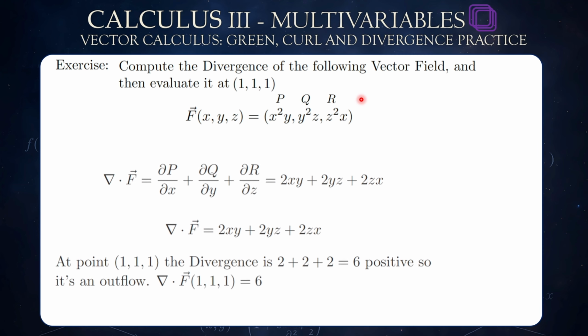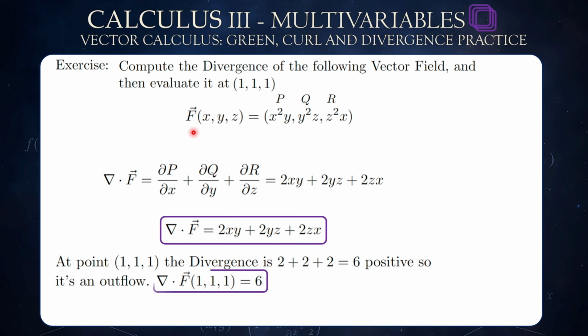So nabla dot F is given by the derivative of P with respect to x plus the derivative of Q with respect to y plus partial R over partial z, or derivative of R with respect to z, equal to 2xy plus 2yz plus 2zx. At point 1, 1, 1, the divergence is, you place 1, 1, 1 in x, y, z respectively, equal 2 plus 2 plus 2 equals 6, which is positive, so it is an outflow. So the divergence of F at 1, 1, 1 is equal to plus 6.